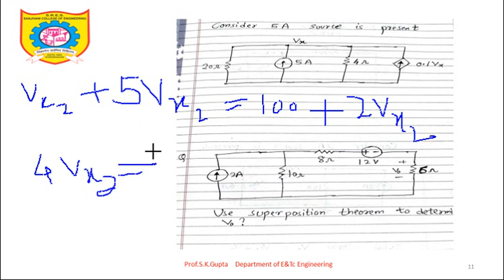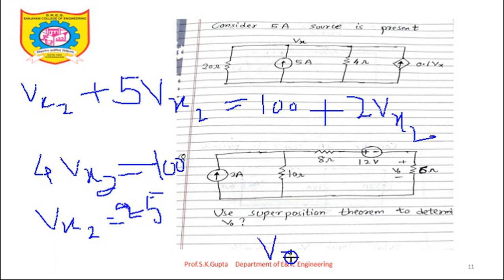So the Vx2 answer is 100 divided by 4, 25. Vx2 value is 25. Vx1 was 6.25 and Vx2 is 25. So the overall answer is Vx equal to Vx1 plus Vx2. So 6.25 plus 25 is 31.25. So this is the final value of Vx.